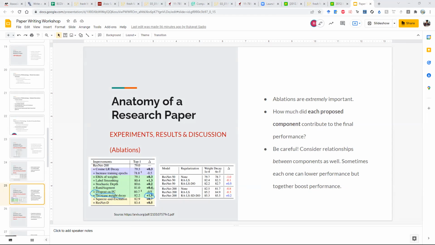That's because dropout and weight decay are both regularization methods, and having too much regularization can hurt the method. So increasing regularization through dropout and decreasing regularization through lower weight decay gave them a resulting performance improvement. So it's important to consider how different components interact with each other as well.